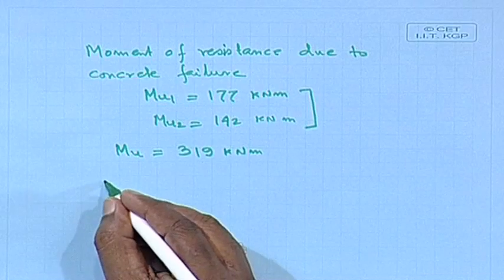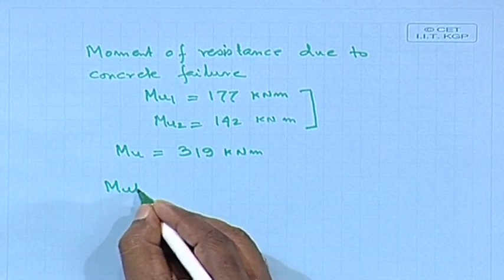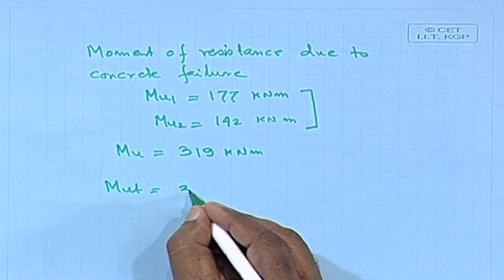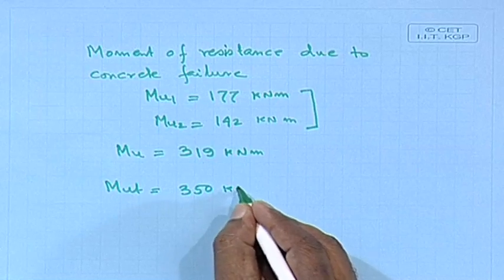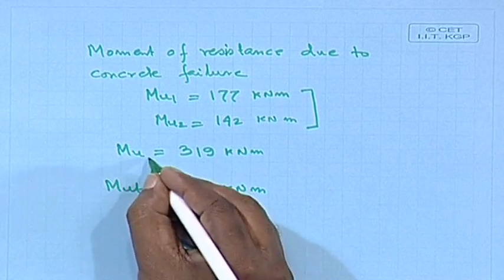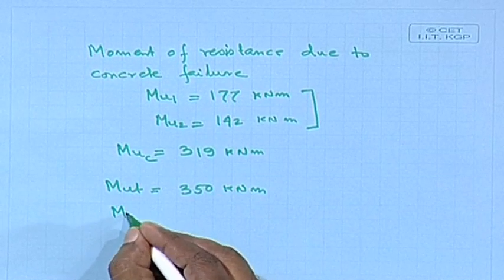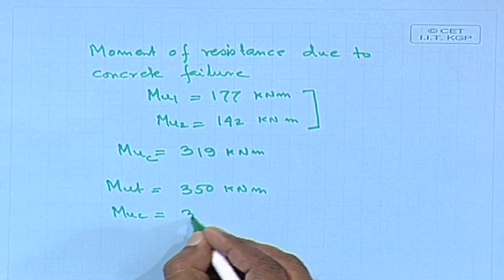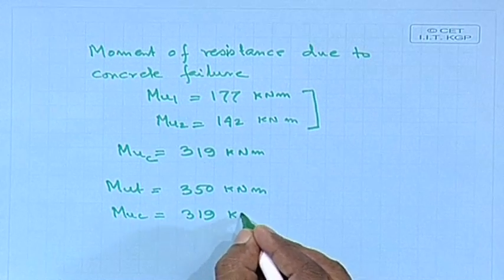We have got two values, 177 plus 173, 350. So, we can write down Mut equal to 350 kilonewton meter. Let us say Muc 319 kilonewton meter.